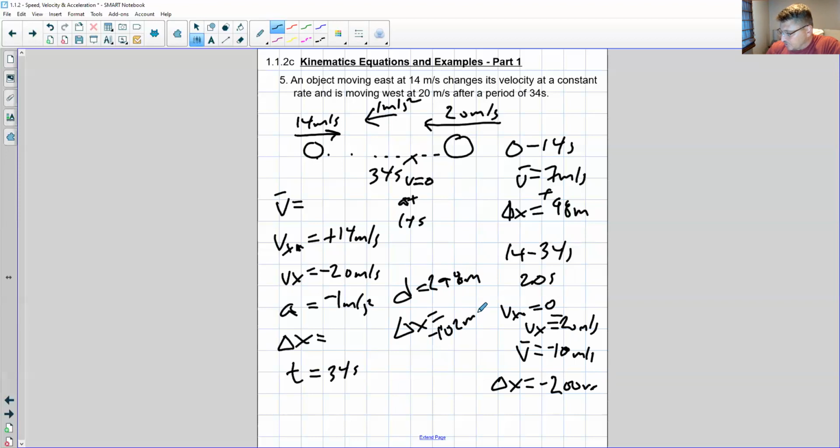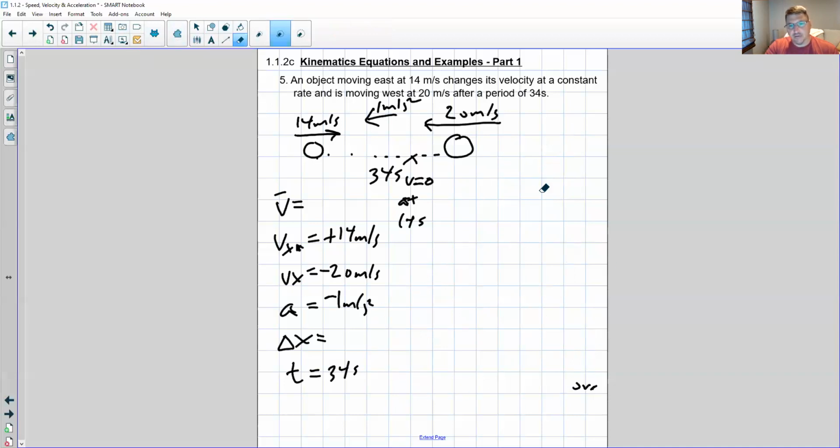So we're going to end up 102 meters to the west of where we started. Okay. Now we can check and see if this agrees with our position function, and it should. Right. So we should get minus 102 meters from our position function.